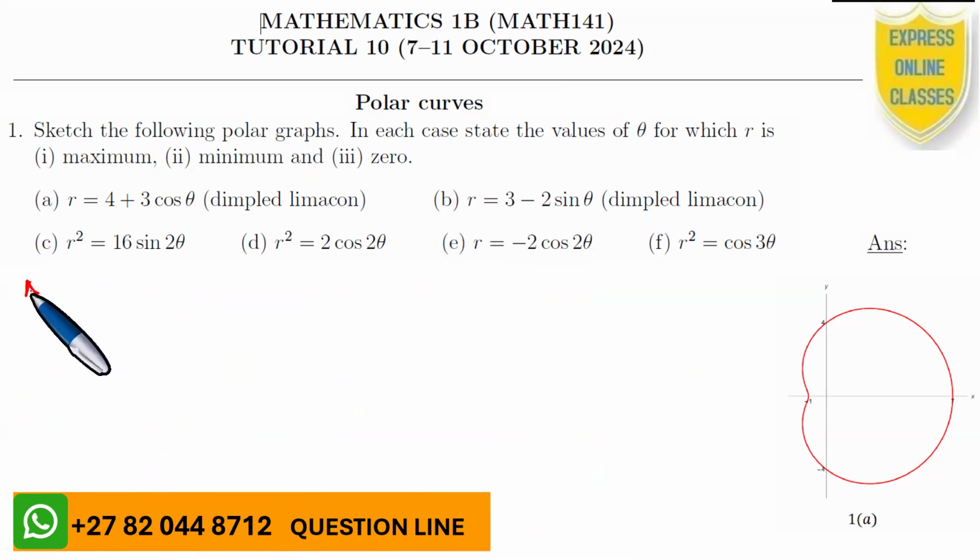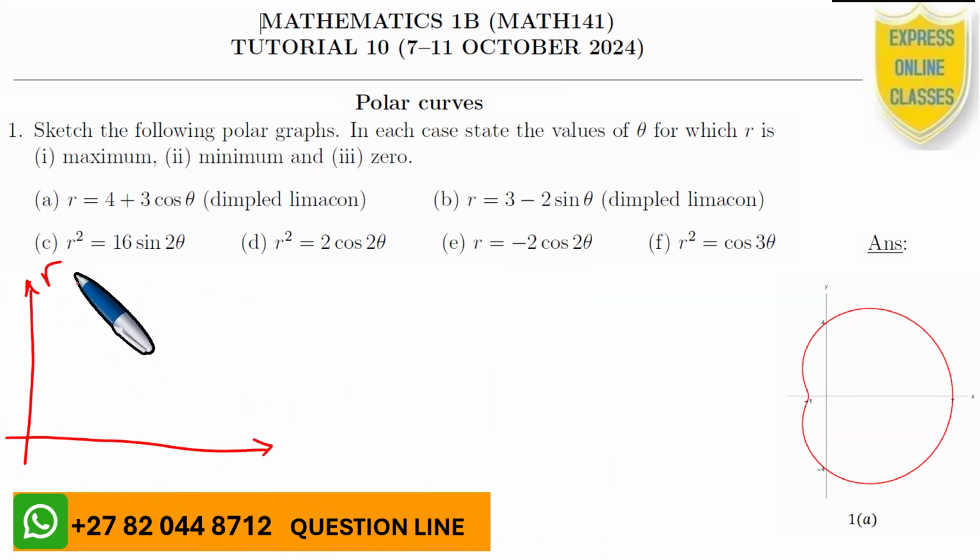Okay, so we're going to try this one using the same interpretation. R theta. Okay, we're going to do 0, pi over 2, pi, 3 pi over 2, 2 pi.